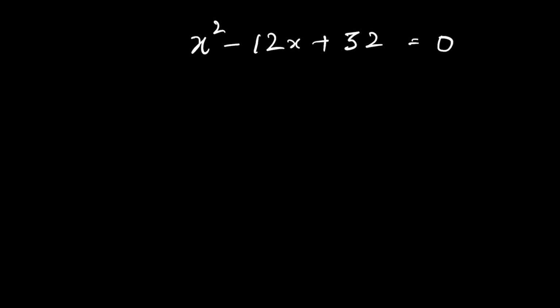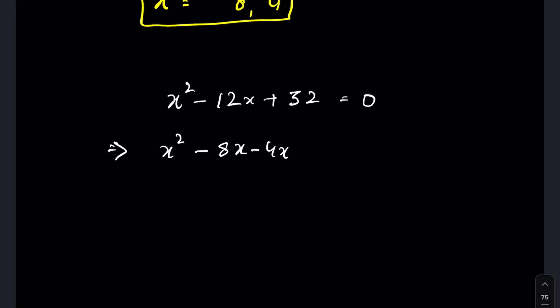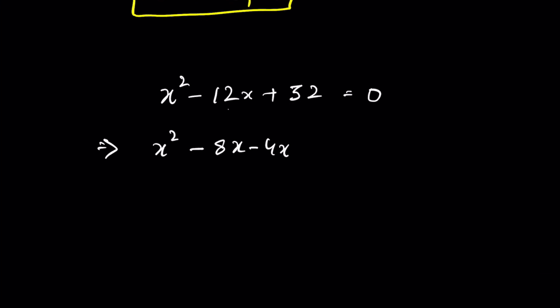So we have x squared minus 12x plus 32 is equal to 0. Now if we write minus 8x minus 4x instead of minus 12x, then minus 8x plus minus 4x will be minus 12x, plus 32, and 8 times 4 is 32. So these can be the two numbers.